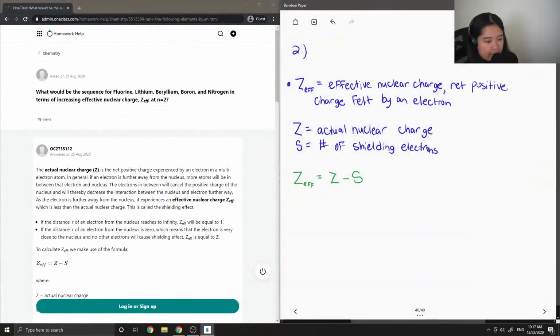So in the question, when n equals 2, the number of shielding electrons is also equal to 2. So S is also equal to 2 since it still just corresponds to the 1s electrons.